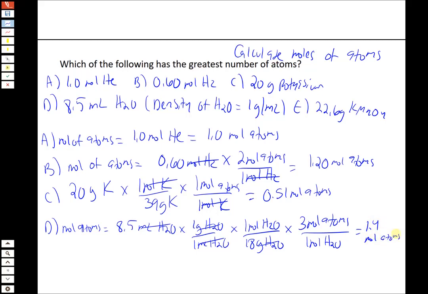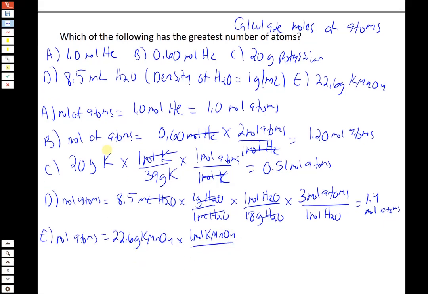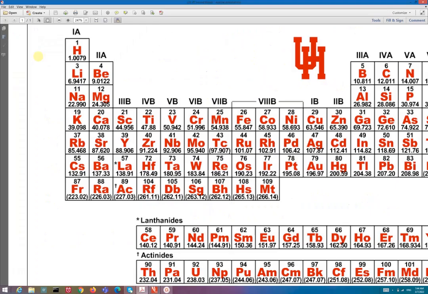And then the last one is KMnO4. So this is going to be a similar calculation, but we're starting with mass this time instead of volume, so that makes it a little bit simpler. So we have 22.6 grams of KMnO4. Now we do have to use the molar mass of KMnO4 to get into moles. I didn't give you that number here, so we're going to have to quickly calculate it.